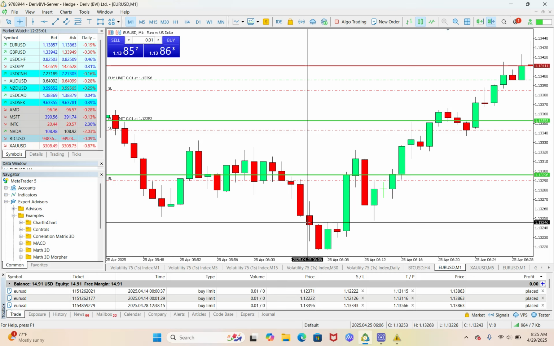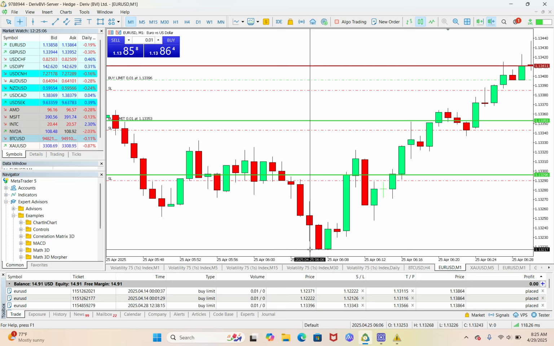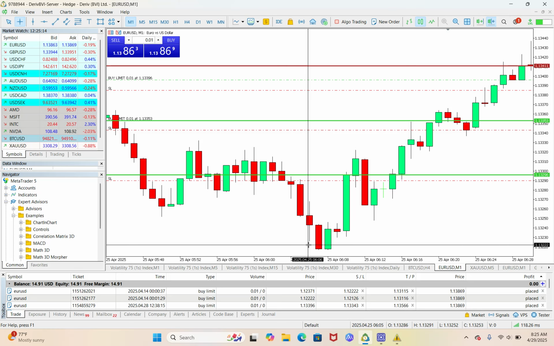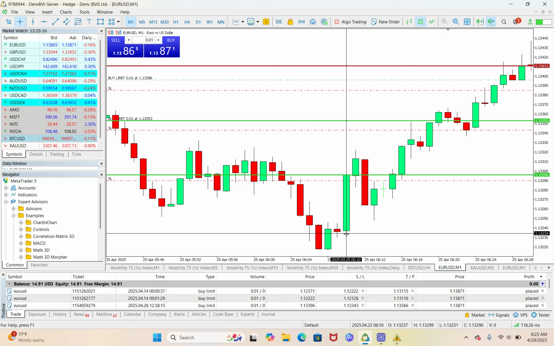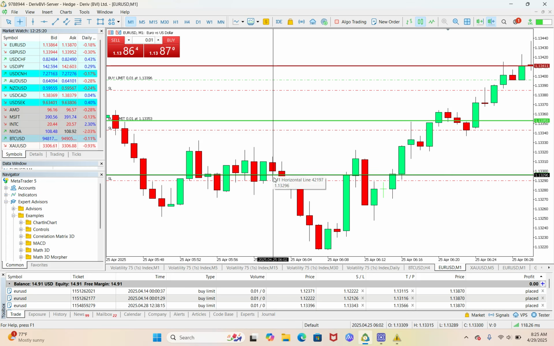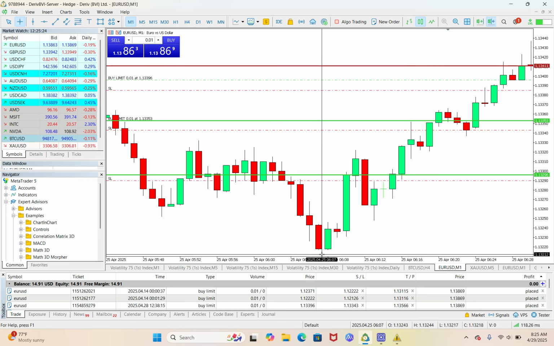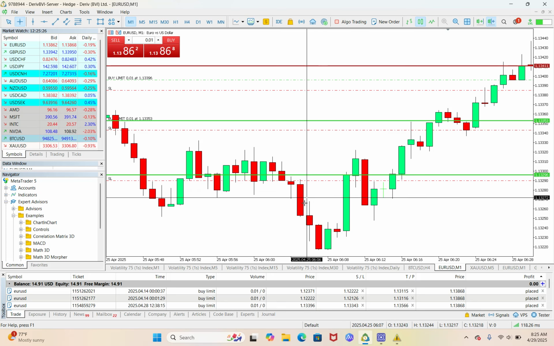What is given is that sellers pushed the market to this price point, 13,216, and were rejected strongly by buyers, creating a structure with a strong bull engulfing candle, swallowing up all the sellers right here, which is a sign that strong buy pressure is in this area.